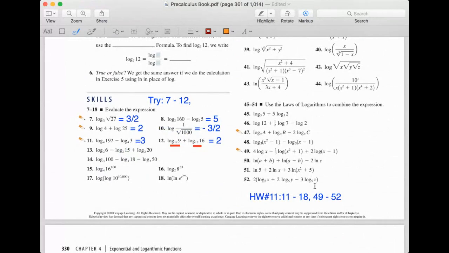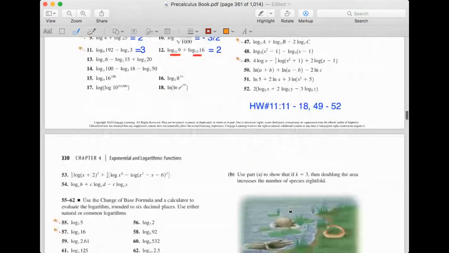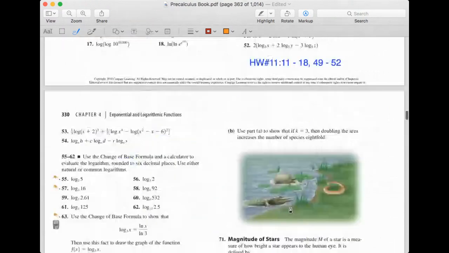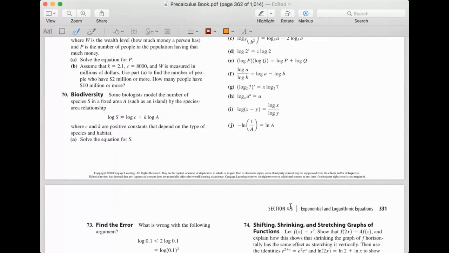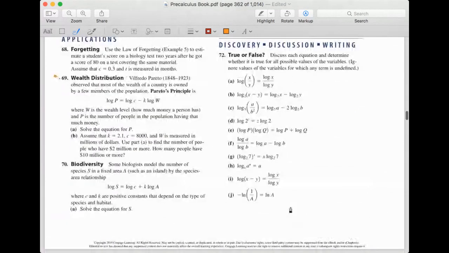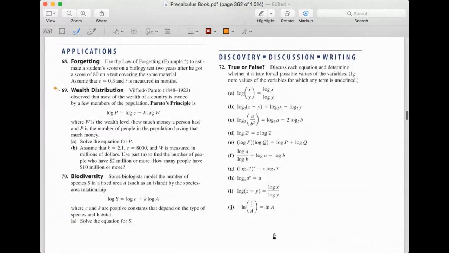Yeah, so make sure to do homework to practice those laws of logarithm. Maybe later on we're going to talk about this.